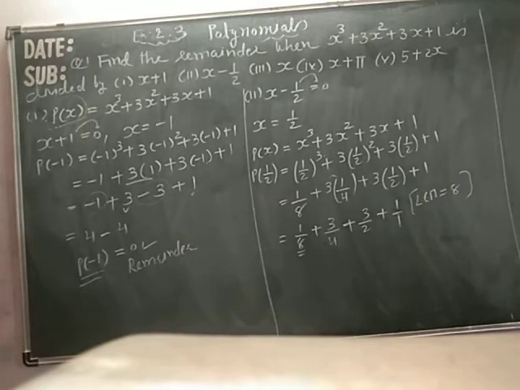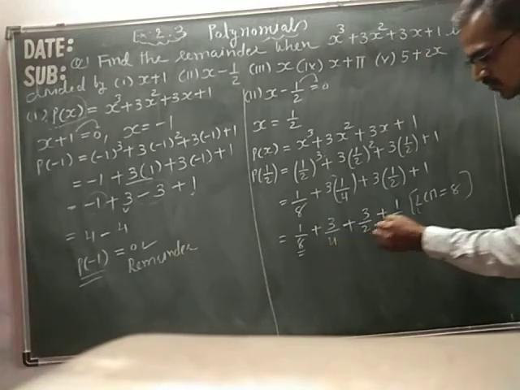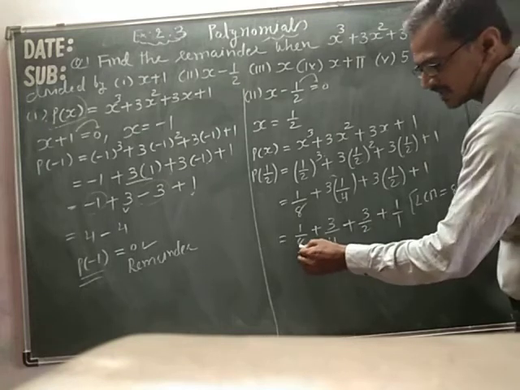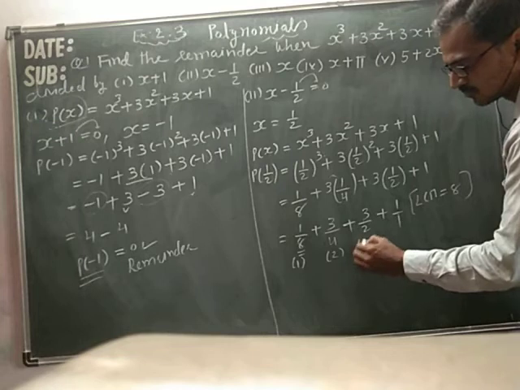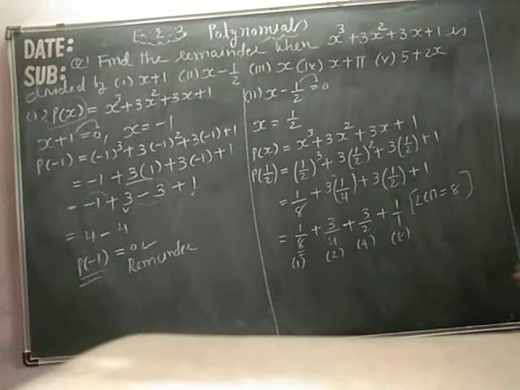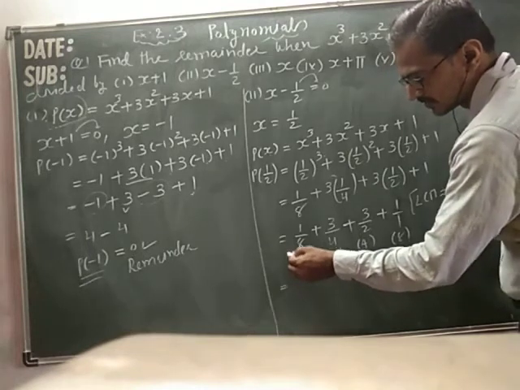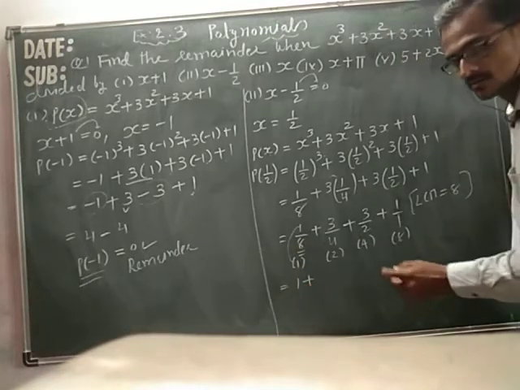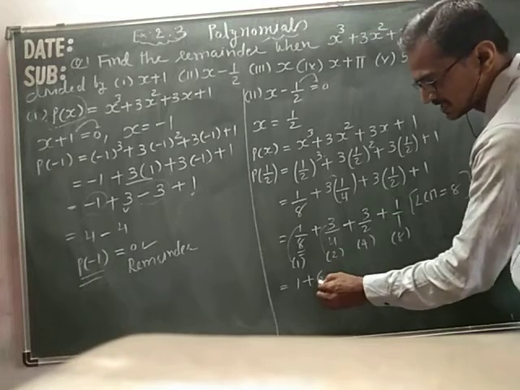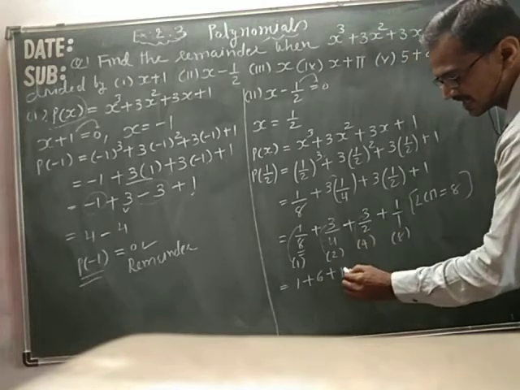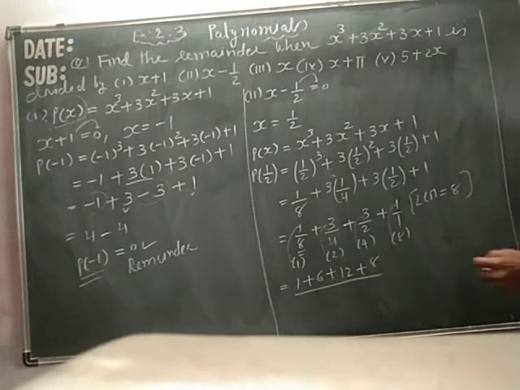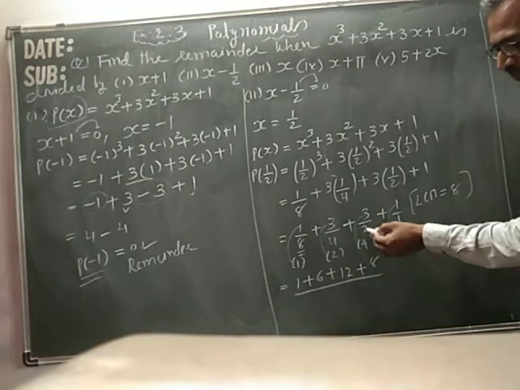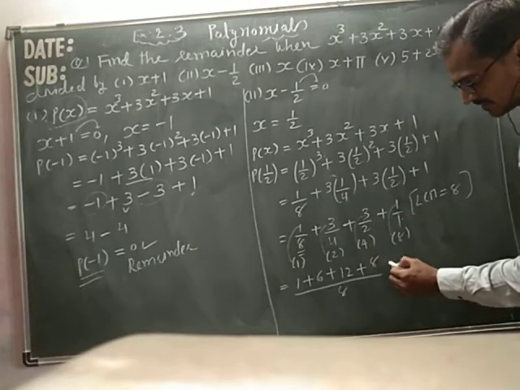Okay. Now we will make the denominator of all the fractions 8. Tell me, 8 must be multiplied by how much to get 8? 1. 4 times 2, 2 times 4, 1 times 8. Now we will solve this. Multiply: 1 times 1 is 1, plus 2 times 3 is 6, 4 times 3 is 12, 8 times 1 is 8. And the denominator of every term will be 8.